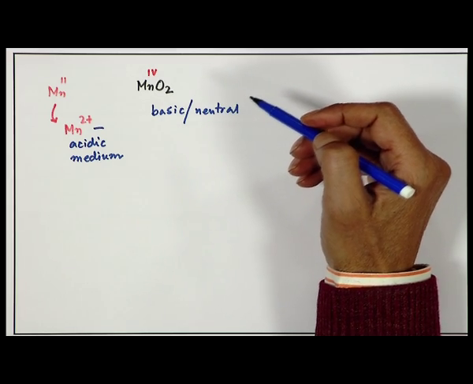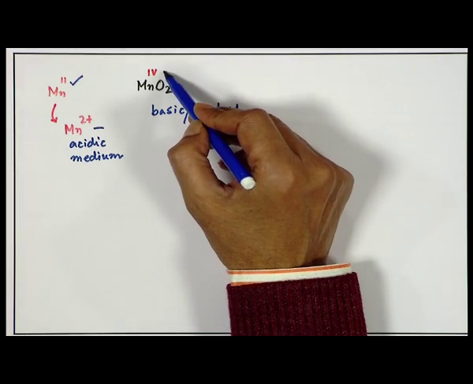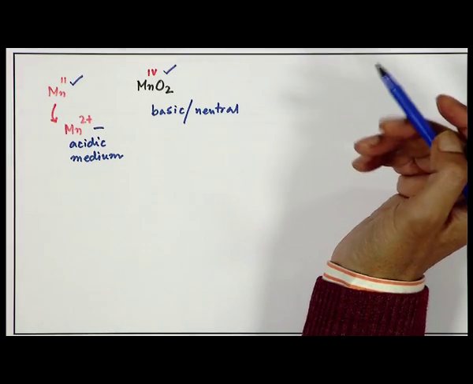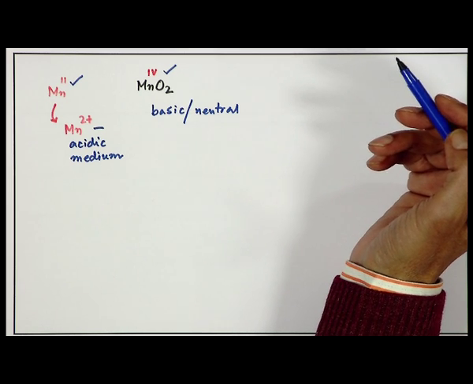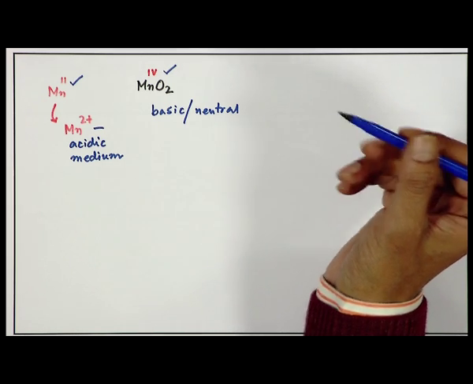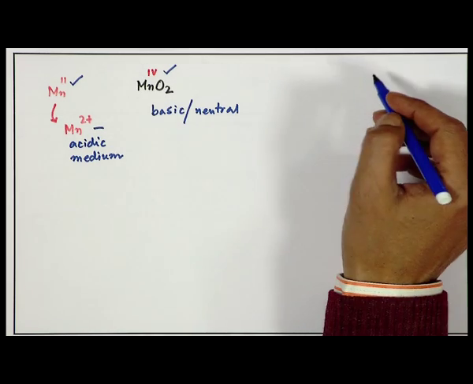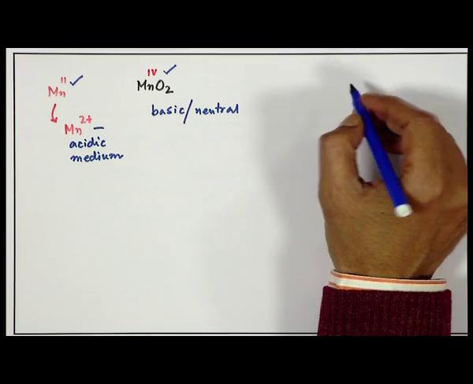So, what we see if we compare these two, the bivalent state and the tetravalent state, and in our previous class we commented that the stability can take place in the higher oxidation states for harder anions.